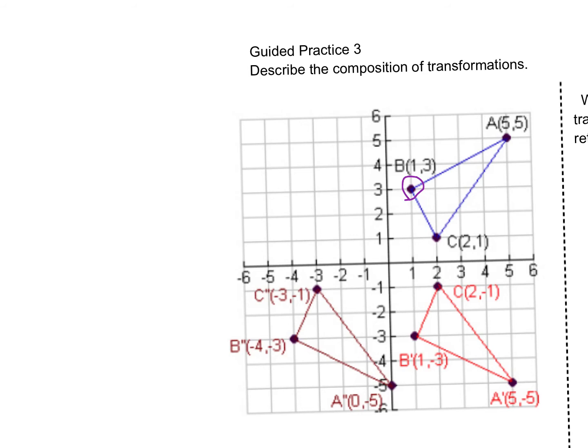So point B, 1, 3, becomes somehow B prime at 1, -3. That reads like a reflection across the x-axis.